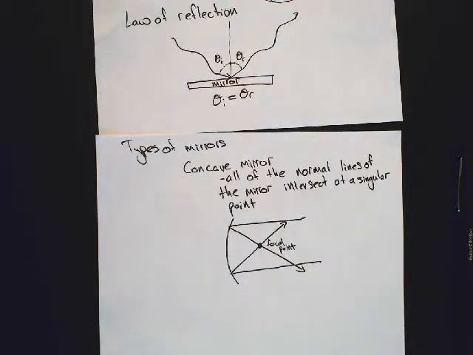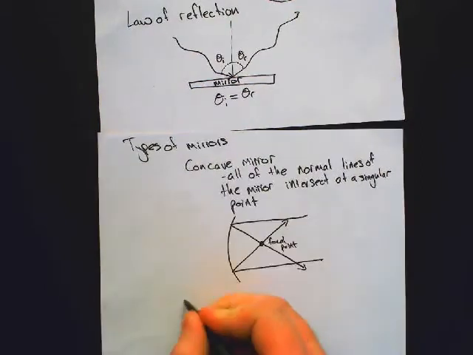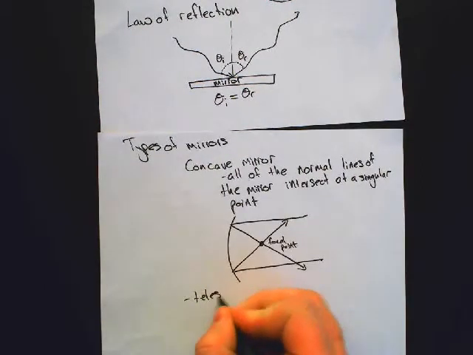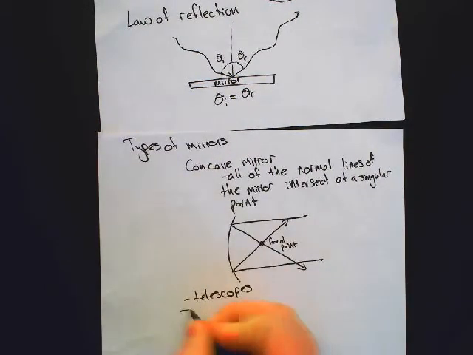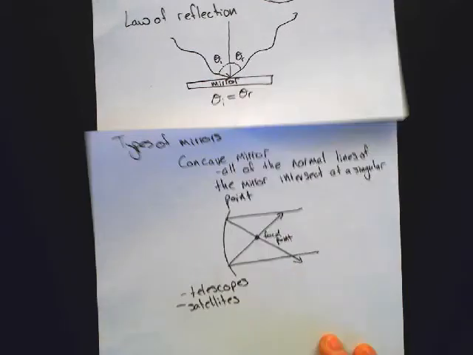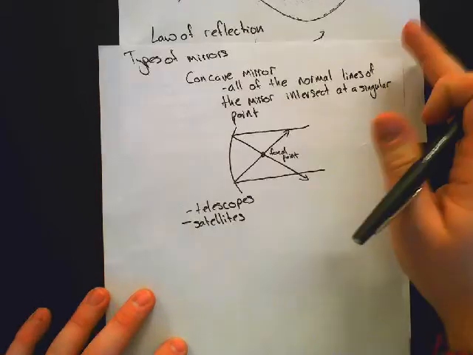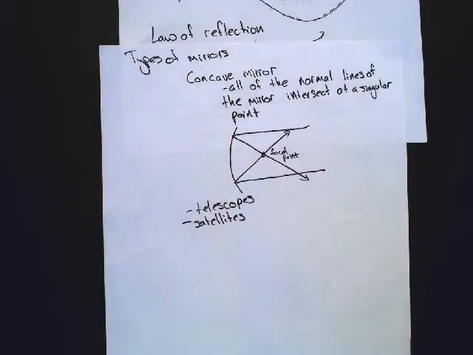All right, so uses for concave mirrors: telescopes, satellites, anything where we're trying to focus a lot of a singular kind of wave onto a specific location. You've all seen some kind of spy movie where they've got a listening device and it's got a concave shape and they're trying to channel that in.